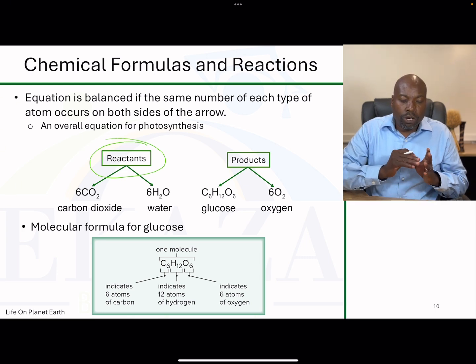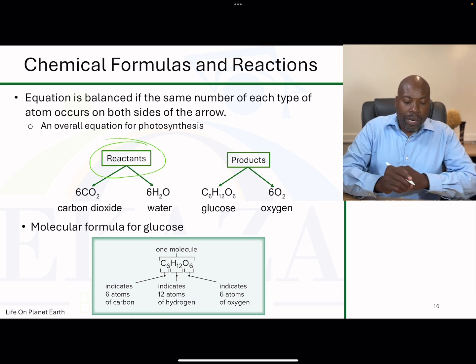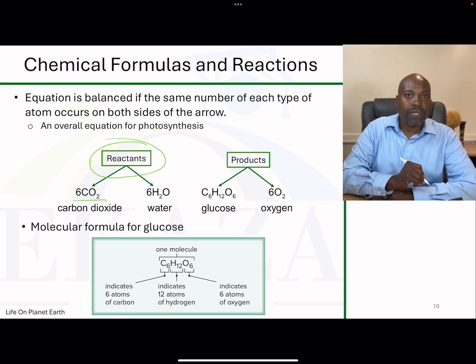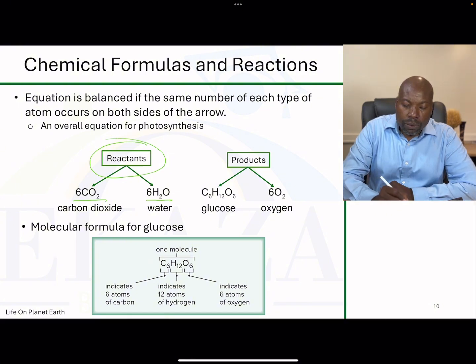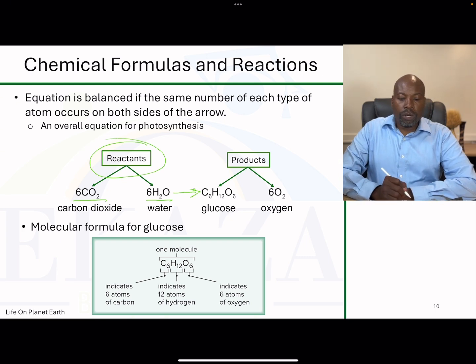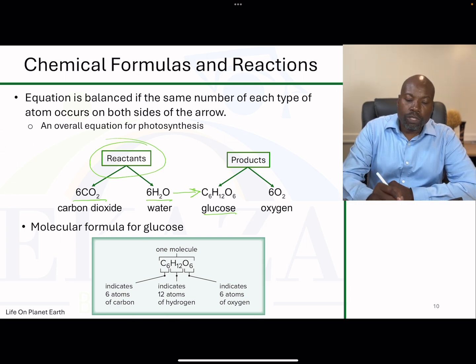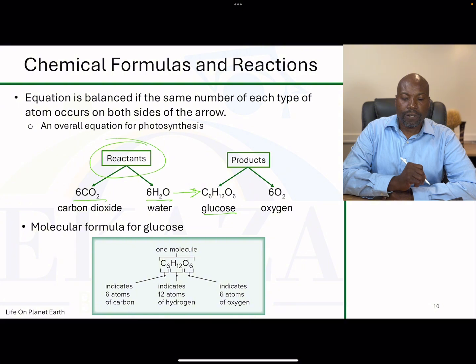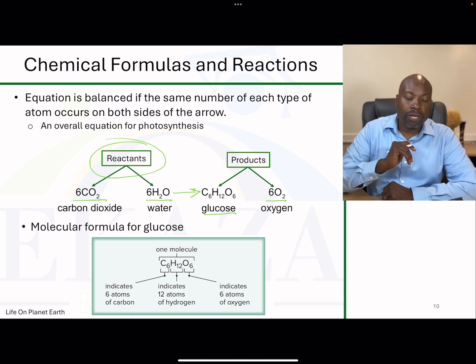These reactants that come together, in the case of photosynthesis, here we have carbon dioxide that combines with water to produce a molecule of glucose. Glucose is going to be the product. Oxygen is the gas that is also produced as a byproduct of photosynthesis, right?